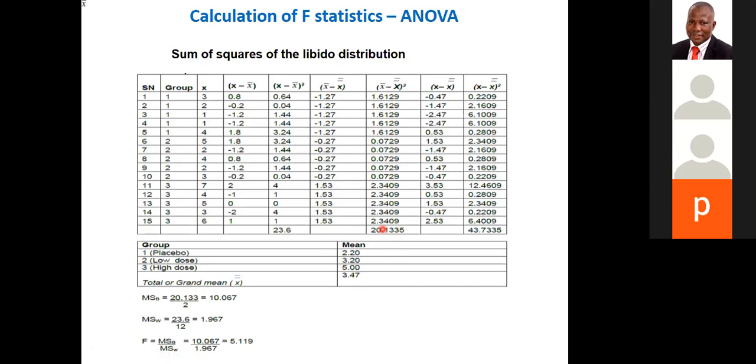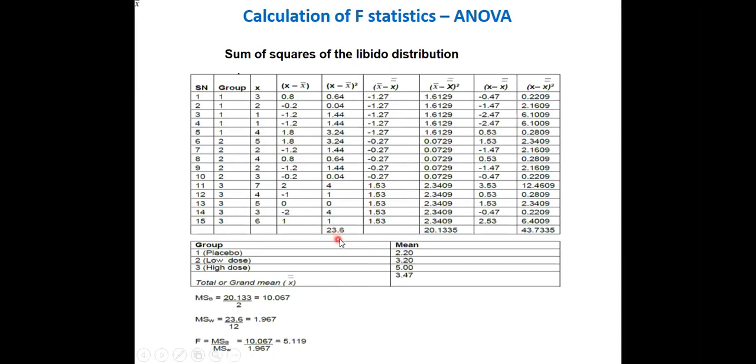To get it, you remove the grand mean from each individual value. So the total variation is the addition of the variance between and the variance within. That's why you see the sum of square between is 23.6, the sum of square within is 20.1335, and when you add the two together, it equals the total sum of square. I think that's where we start.